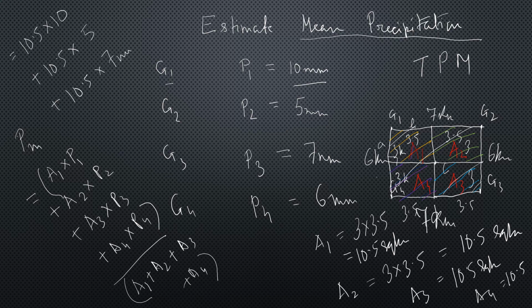Now note that these are all in millimeters, but this is in kilometers, correct? So plus your P4, this one. So 10.5, and this will be 6 millimeter.